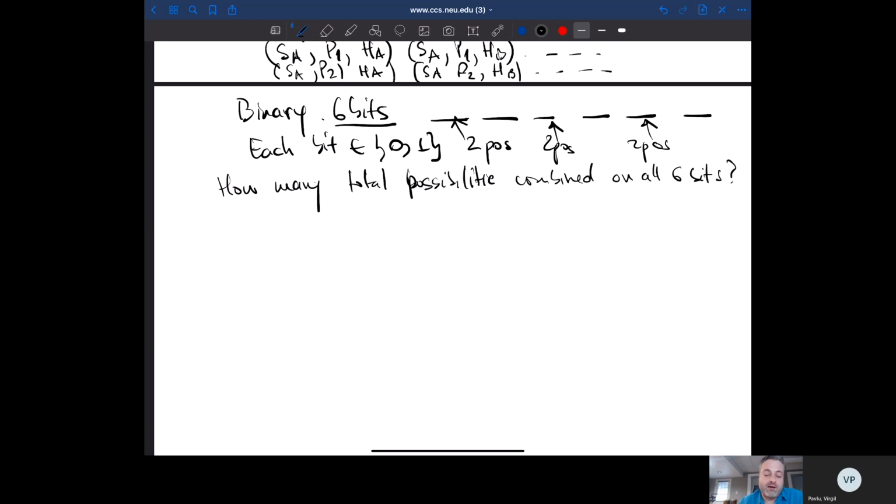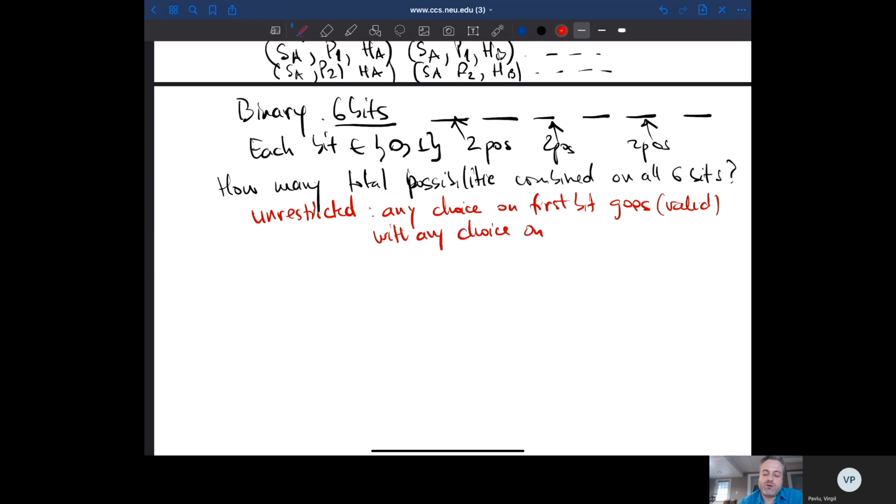Well, again, very important, this is unrestricted. Any choice on the first bit is valid with any choice on the second bit, and so on and so forth.